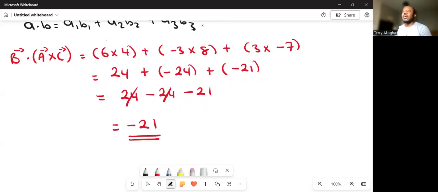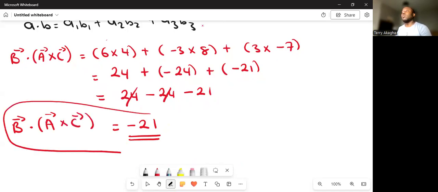So we can now say the dot product of B with the cross product of A and C is equal to minus 21.